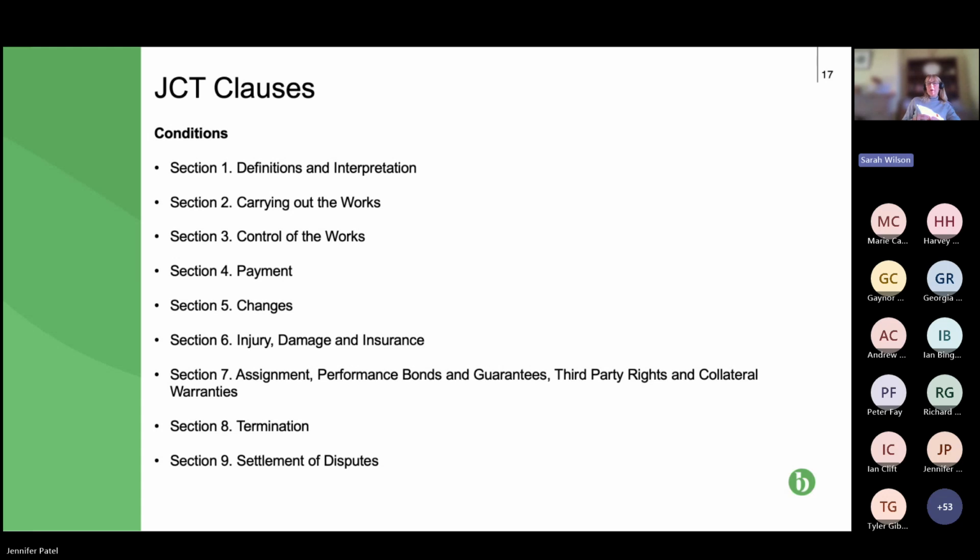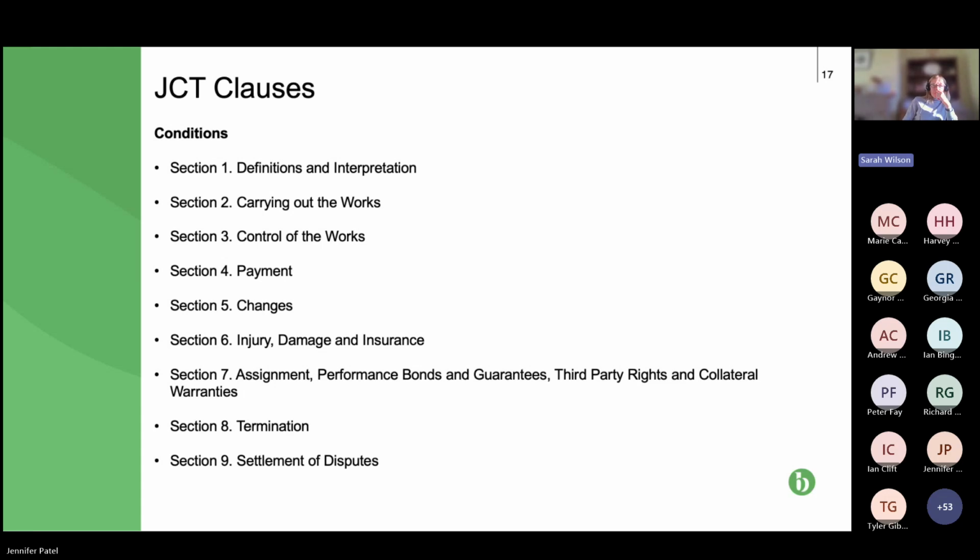Now, the project manager in NEC, their role is in part in clause 1 and then part just generally through the contract. Section 4 is payment. We saw that in NEC. Section 5 is changes, so that's basically variations. Extensions of time are in section 2, right at the end, and the money relating to extensions of time, so the loss and expense, is at the end of section 4 because it's about payment.